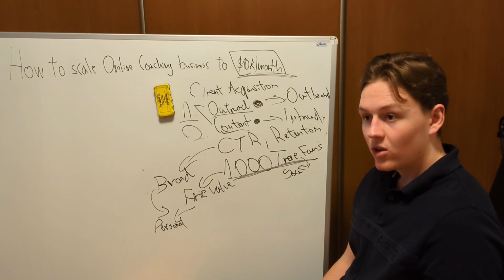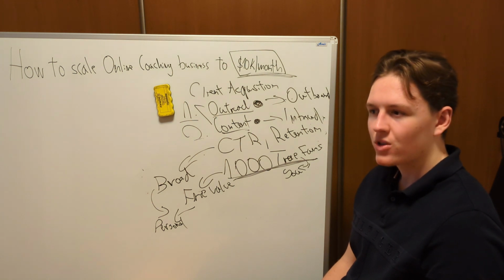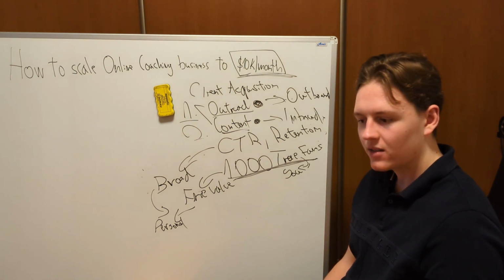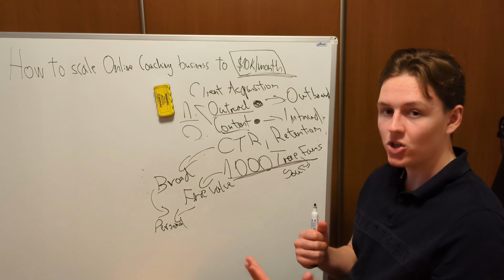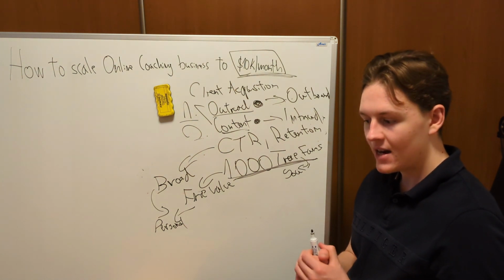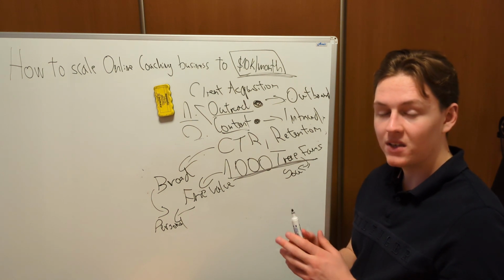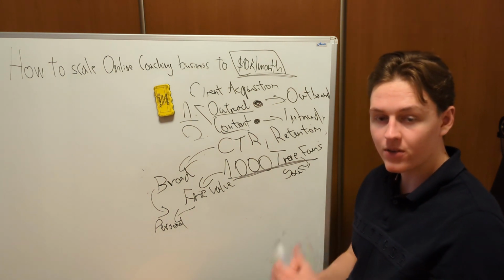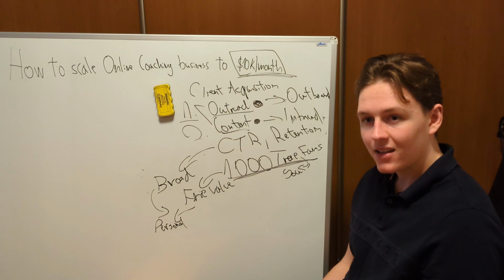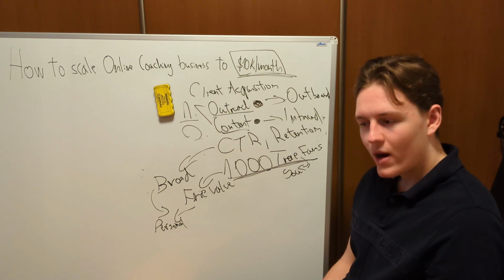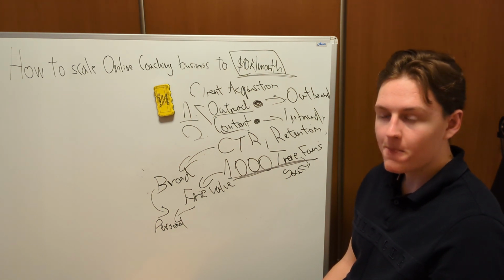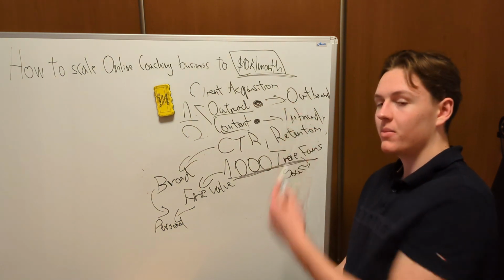You are not likely to retain the people for as long, because in most cases you're just selling them information, and they are not gonna pay you thousands of dollars per month when you give them access to that information in the first month, right? So that means that you either have to figure out a way to retain those people, or you just have to acquire more people, right?